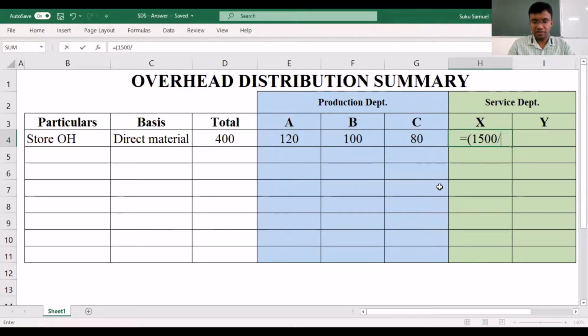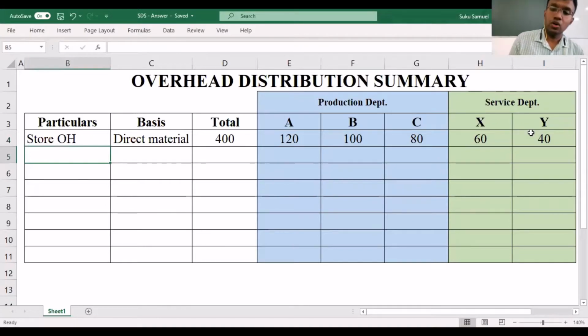Here it is 1,500 divided by 10,000 into 400. And for the last one, which is Y, it is 1,000 divided by 10,000 into 400. So if you add up all these together, it will be a total of 400. Now I hope the apportionment of store overhead is understood by all. Let us move on to the next one.